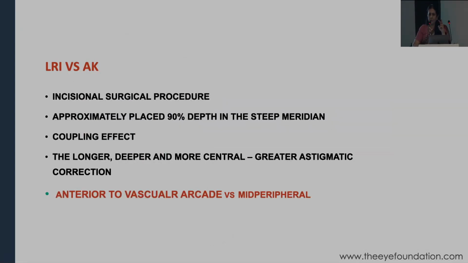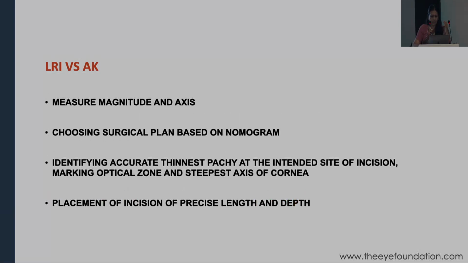There are 2 other possibilities, the limbal relaxing incision and the astigmatic keratotomies, which can be done for a small amount of astigmatism. These are incisional procedures, and again, they are made at approximately 90% depth in the steep axis. LRIs are made as either 1 or 2 coupled incisions on either side of the axis, as I'm going to show you.